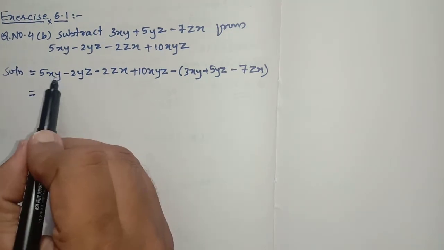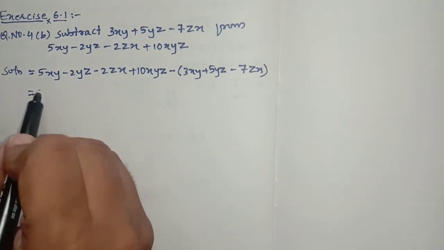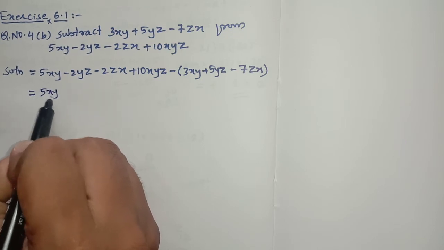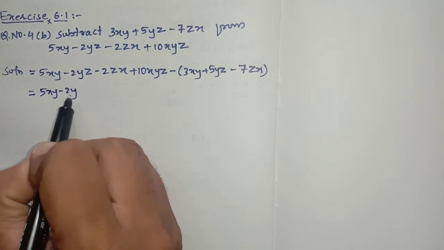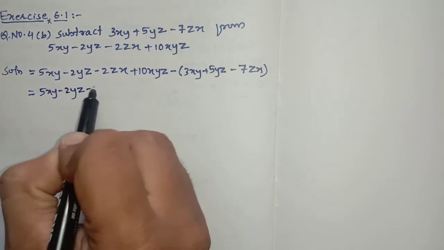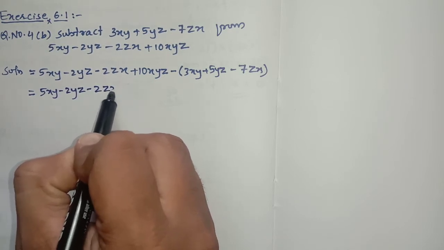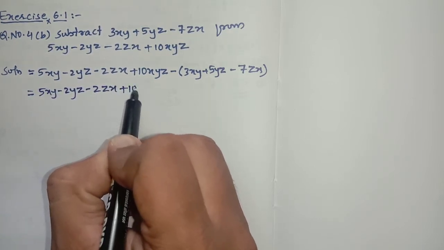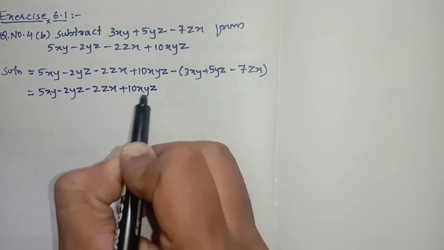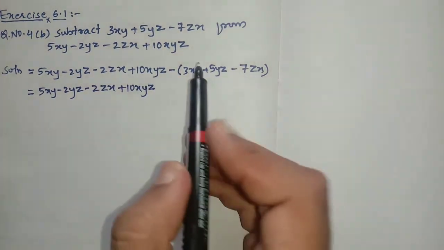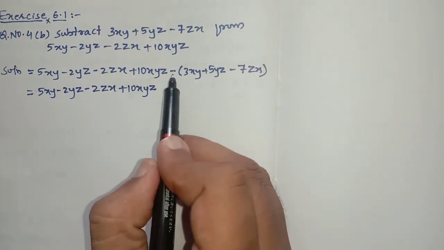Now first expression will be as it is, student. 5xy minus 2yz minus 2zx plus 10xyz. Now open the bracket with minus.